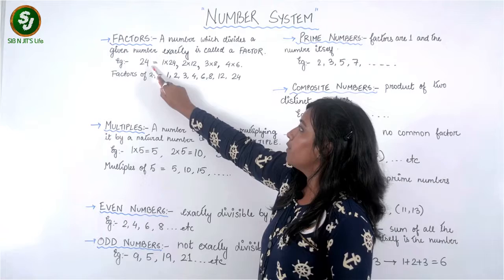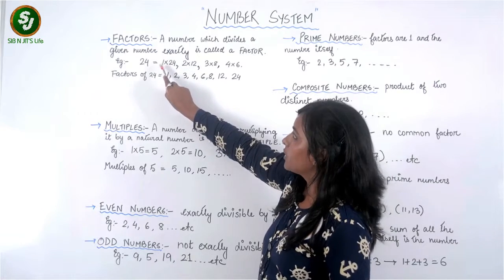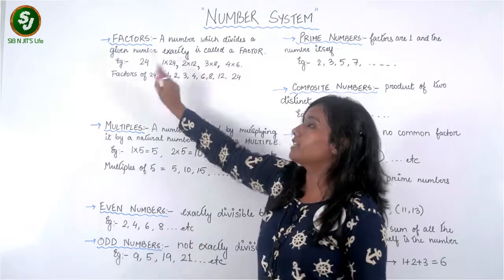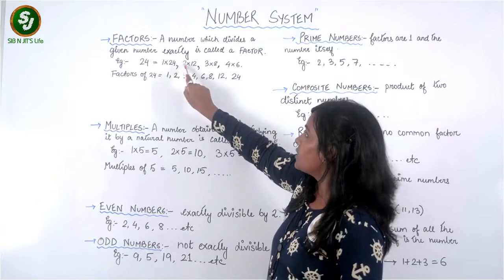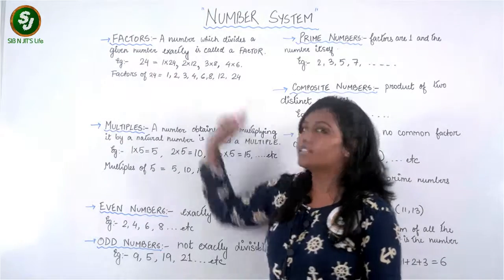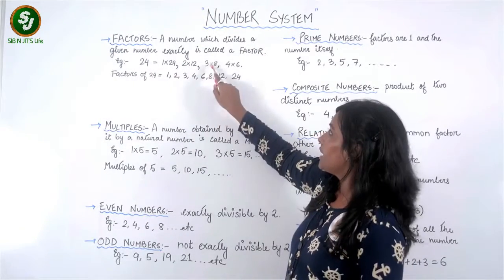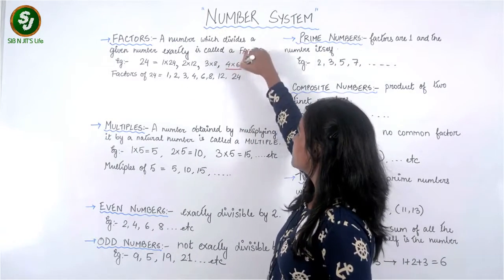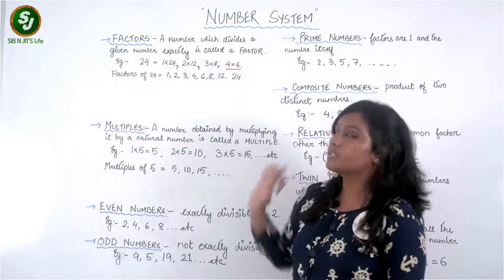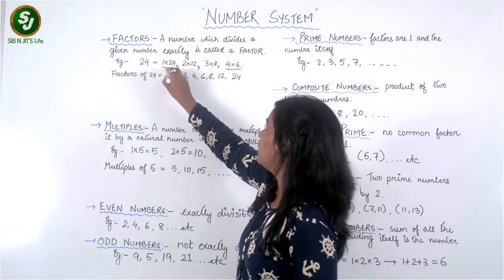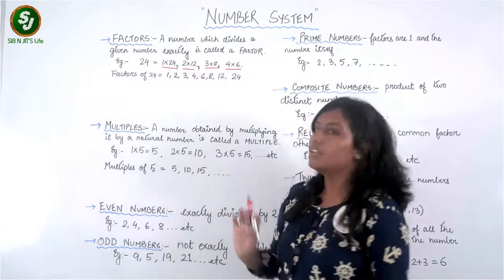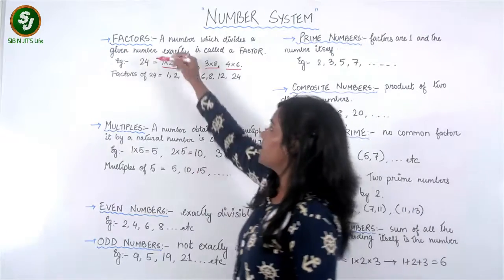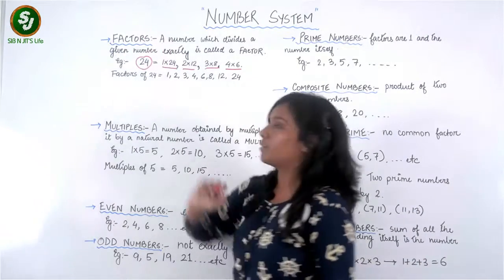Now 1 into 24 will give us 24. Next, 2 into 12 will also give us 24. 3 into 8 will also give us 24. 4 into 6 will also give us 24. So all these numbers, when we multiply, result in 24.